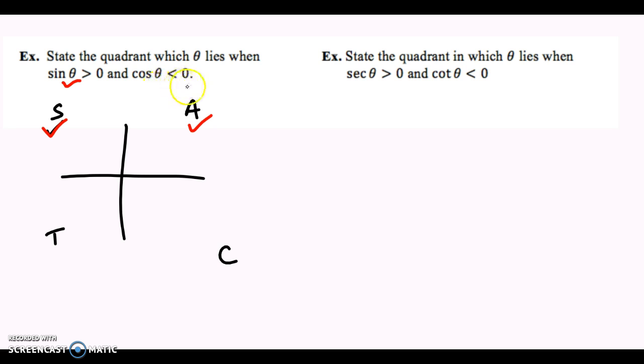Cosine theta is negative, while cosine is positive in these two quadrants, 1 and 4, which means cosine theta is negative in quadrants 2 and 3. It looks like we have both our check marks here, and that's where our answer is going to be, quadrant 2. Try the next one on your own.